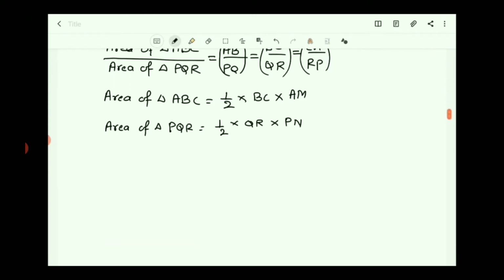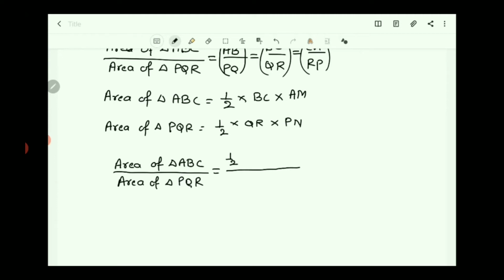Now you write the ratio. Area of triangle ABC by area of triangle PQR is equal to, in the numerator you write the area of triangle ABC, that is half into BC into AM, and here you write half into QR into PN.